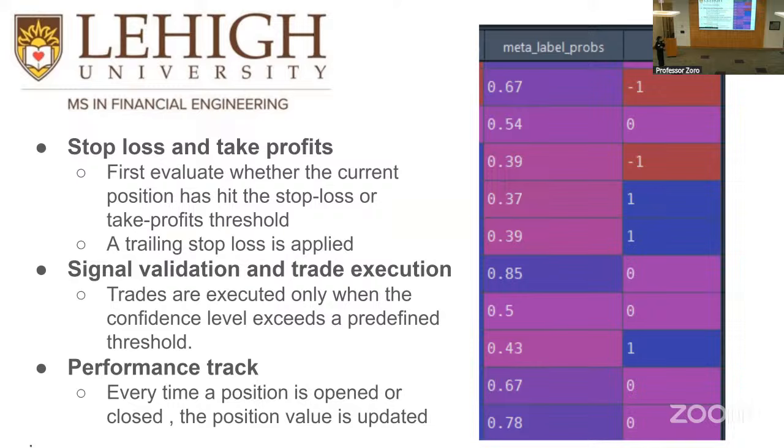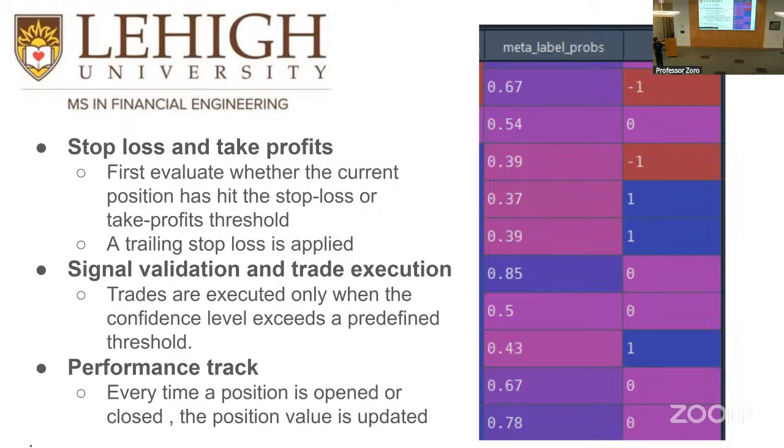Our backtest first evaluates whether the current position has hit the stop loss or take profit threshold, and we use a trailing stop loss. Then it executes the trading signal. The trades are executed only when the confidence level exceeds a predefined threshold. As you can see in the plot, there are multi-label probabilities and signals.